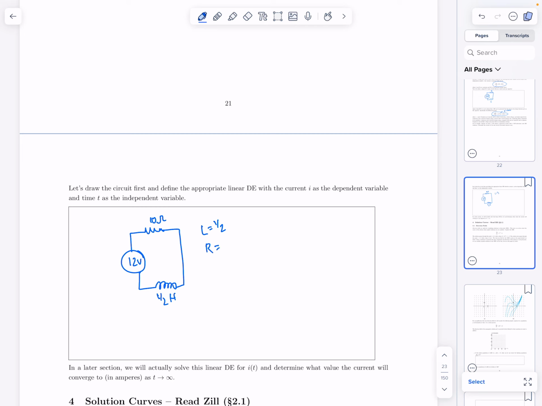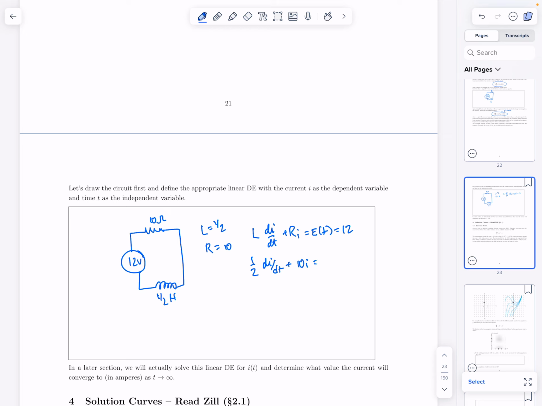And so the model is simply this. I'm not asking you to derive it, just understanding that it is easy to take values and plug them in. We have 12 volts for the electromotive source, which is constant. So we'd have 1/2 times di/dt plus 10i equals 12.